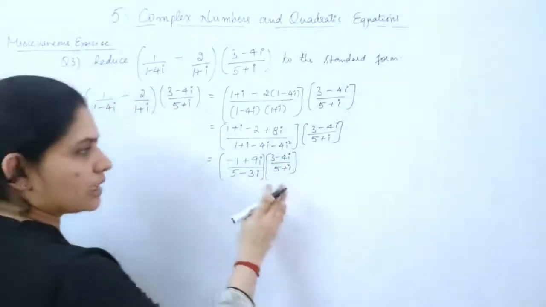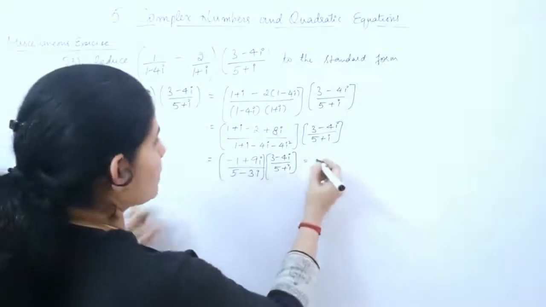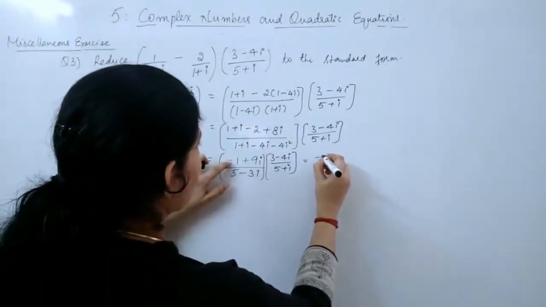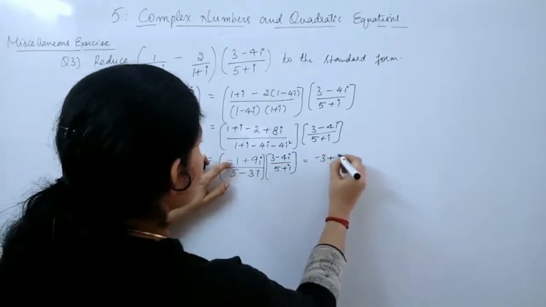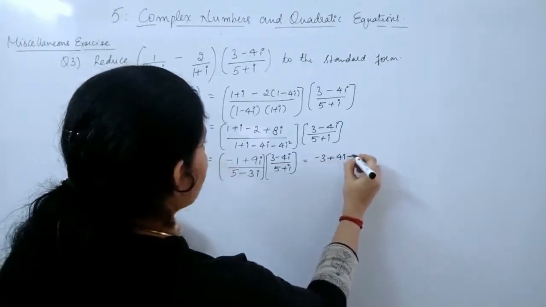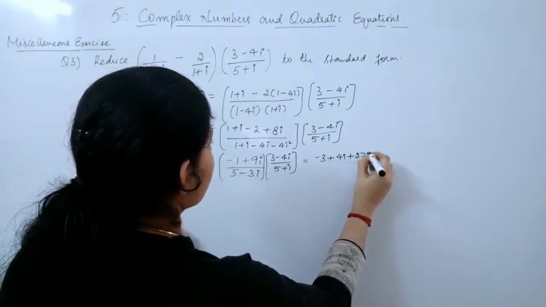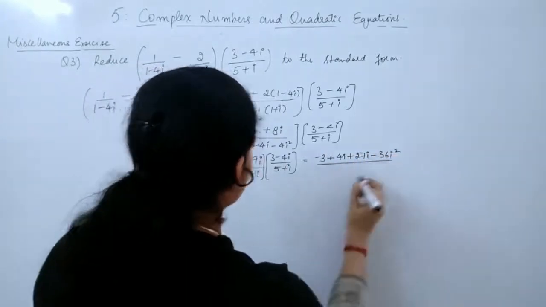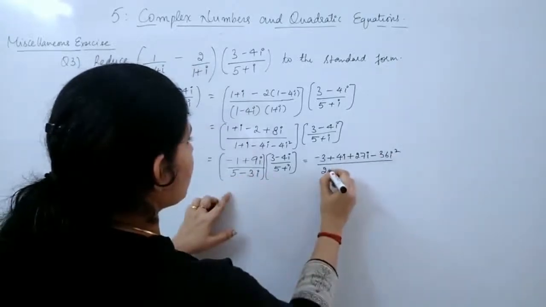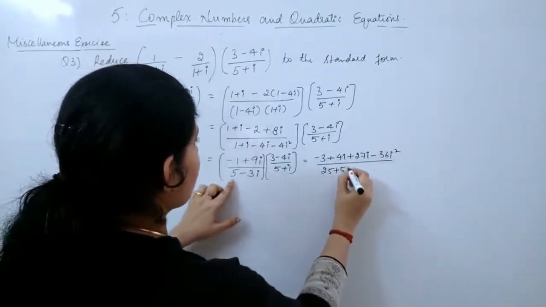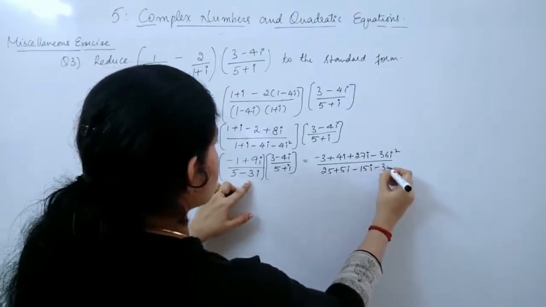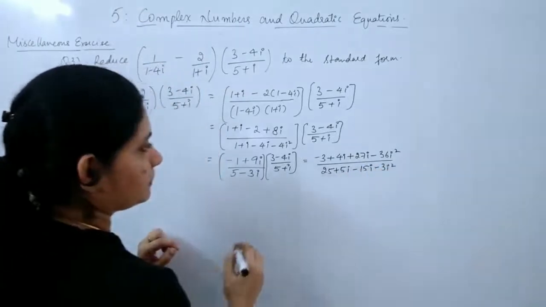Now you have to multiply the two terms, which will give you minus 1 into 3 will give you minus 3 plus 4i plus 27i minus 36i square divided by, here you will have 25 plus 5i minus 15i minus 3i square. Okay.